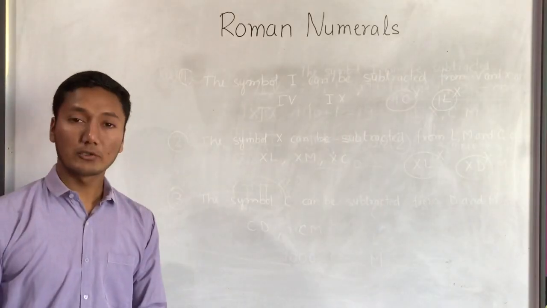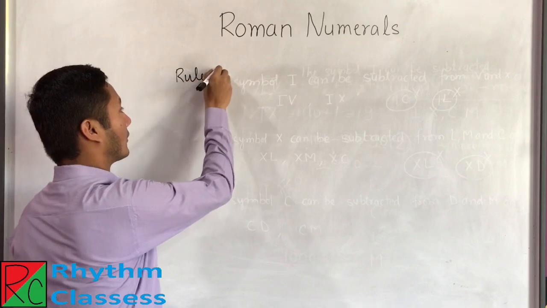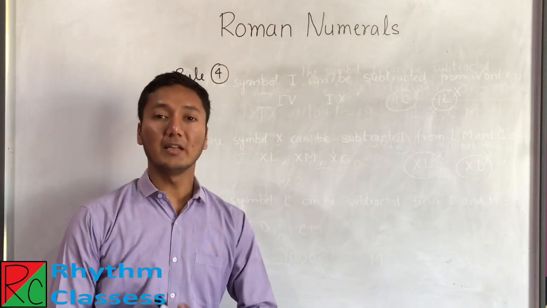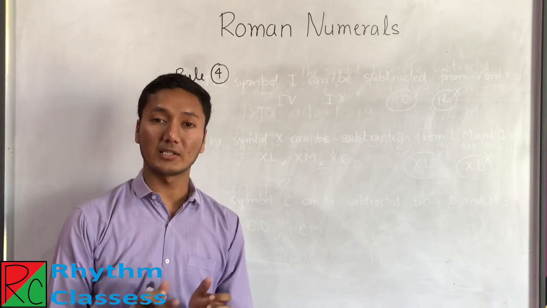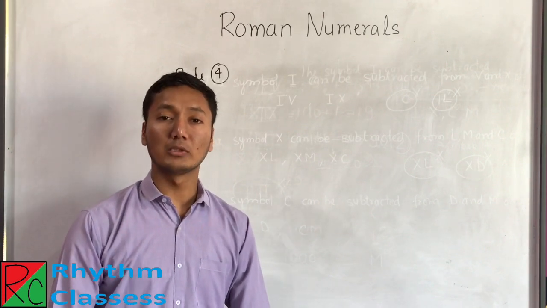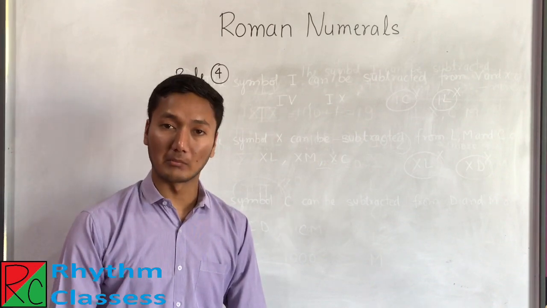Okay? Now students, it's time for rule number 4. Rule number 4 is if a smaller numeral is placed between two larger numerals, then it is always subtracted from the larger number which is right to the smaller number.